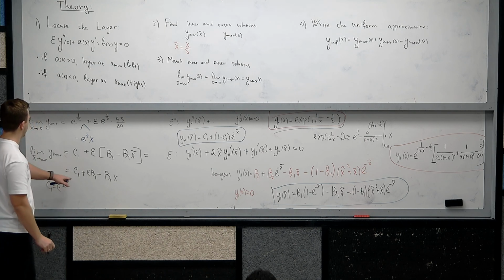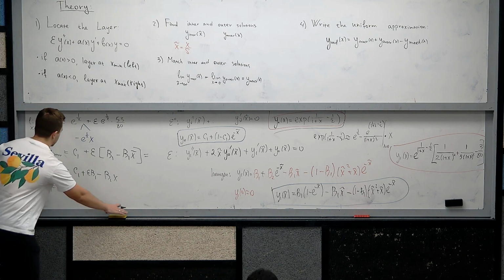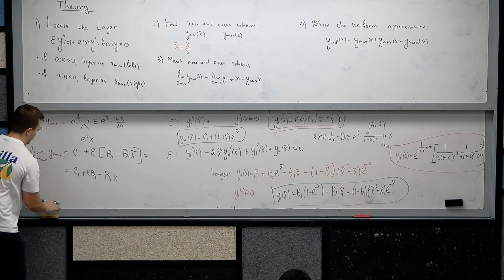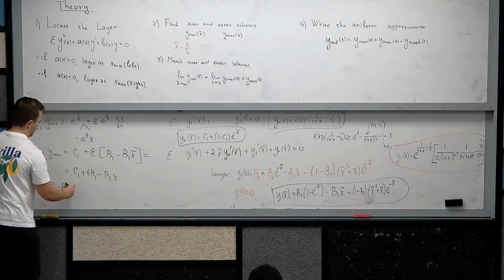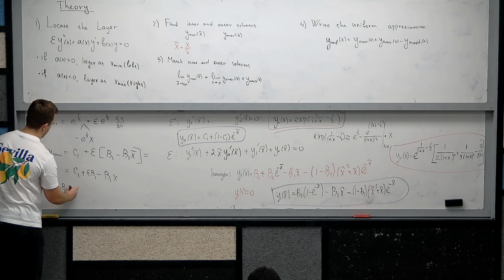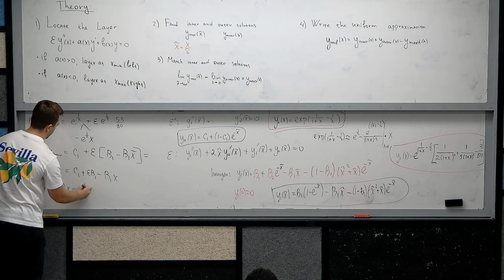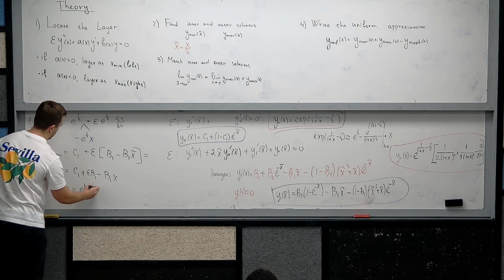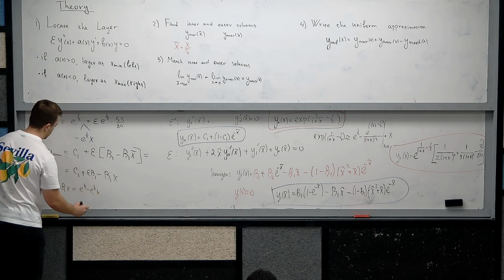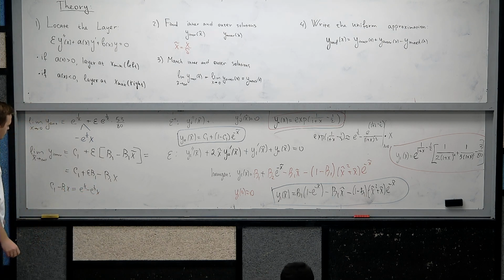We have here C1. Let's write it like this: C1 minus B1x equals e to the 1/2 minus e to the 1/2 x.